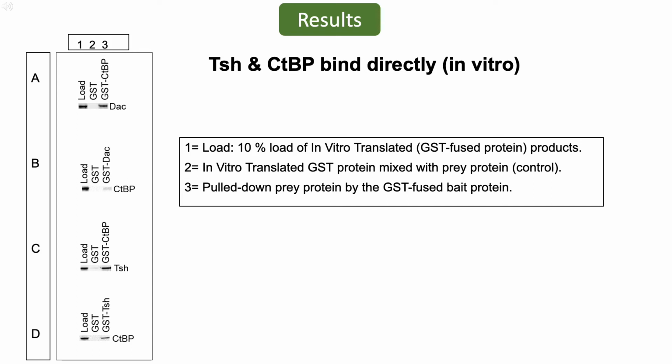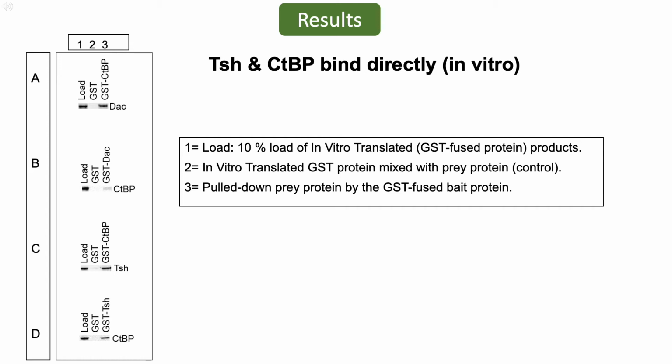Column 2 is just the GST protein mixed with prey protein, which functions as our control, because the prey is not bound to GST, so we shouldn't expect anything in that second column. In the third, this should be the complex of our pulled down prey protein with the GST fused bait protein.